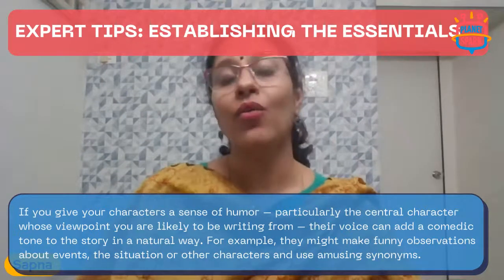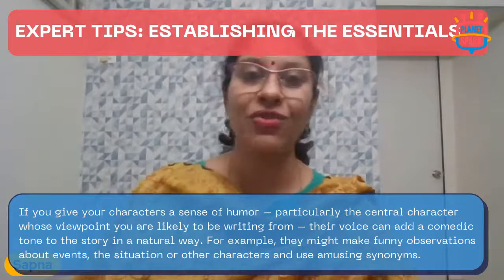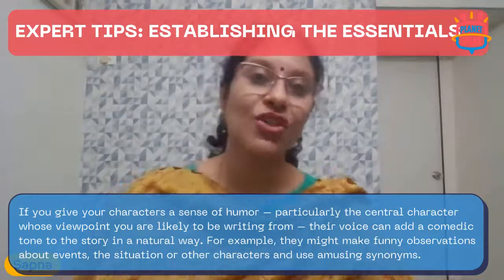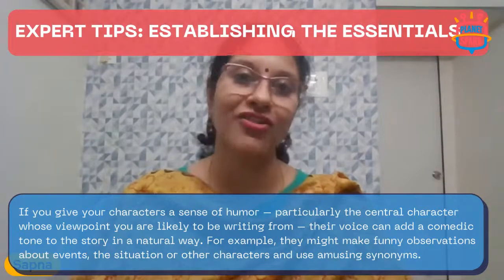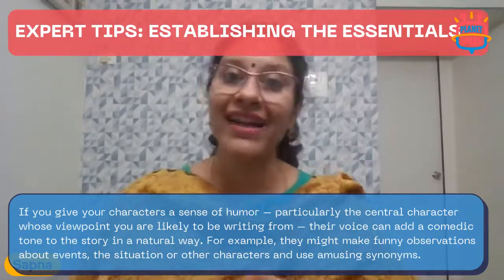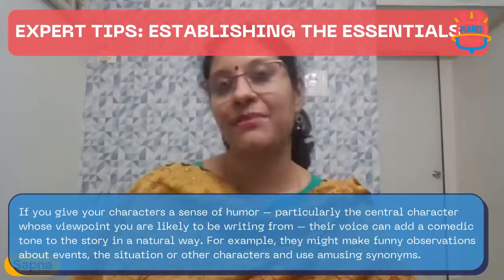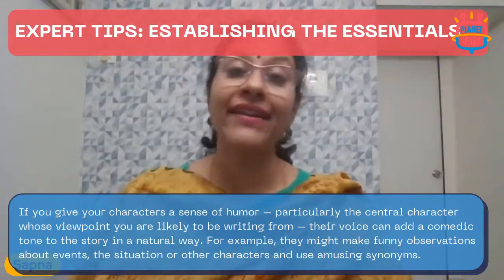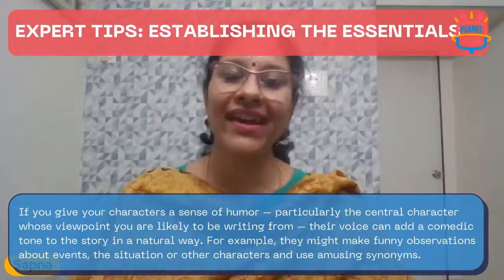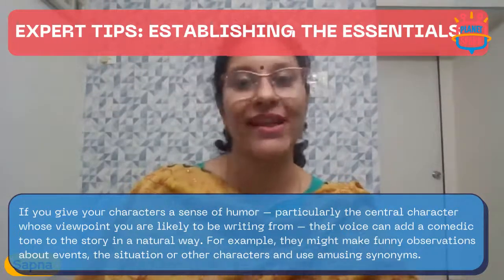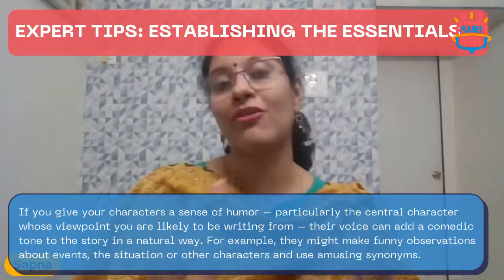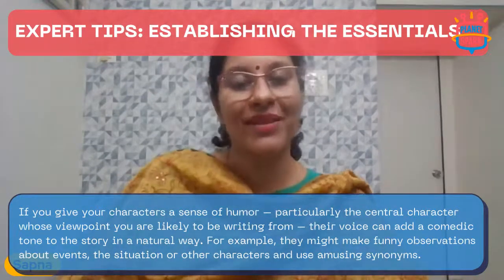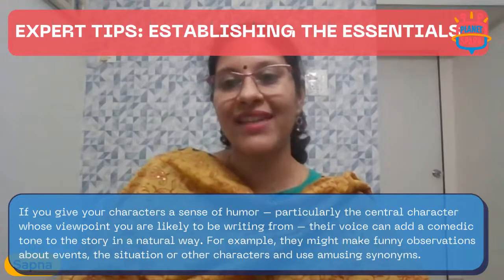And that's how we get humor into our story plot. That is again one of the ways in which humor can be introduced into your story. You can have your central character having attributes like being witty, being humorous in a natural way. And when they have their narrative going into their story, humor is going to be automatically introduced into our plot, right? So these were expert tips on establishing the essentials.